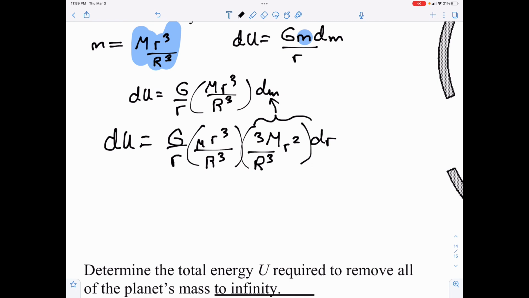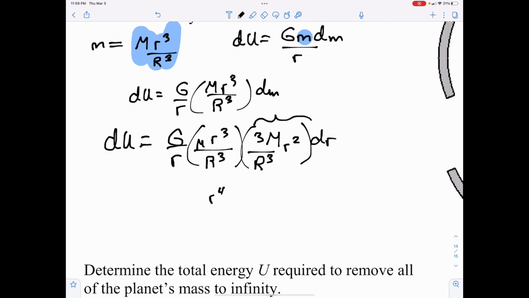Okay, now, if you clean things up a bit here, you'll see there's big M squared. You'll see that you have r to the 5th power, but you're dividing by one factor of r, so that would be little r to the 4th power.